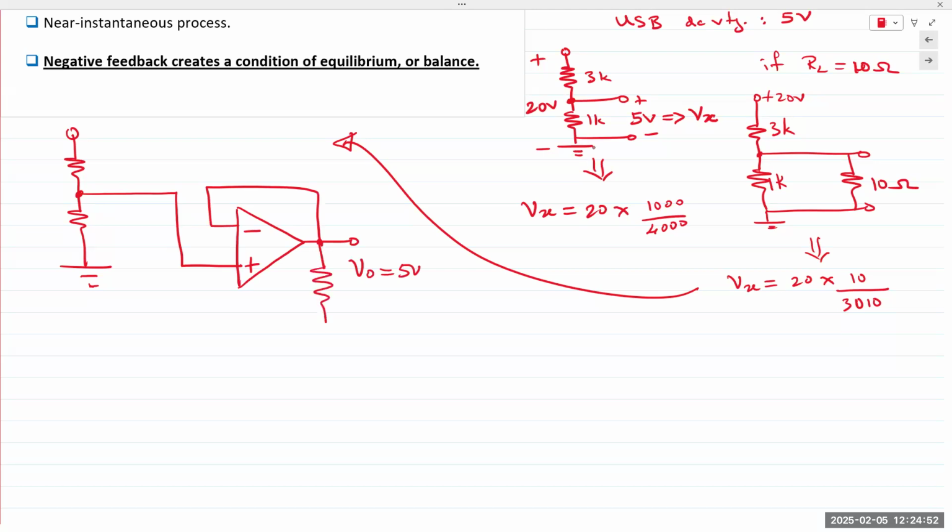RL could be any value. It'll still stay at 5 volts. It isolates the load from your supply voltage, or isolates two different circuits, so as to avoid the loading effect.